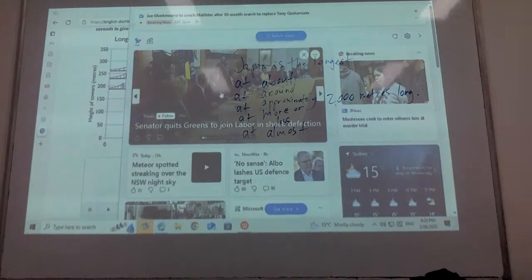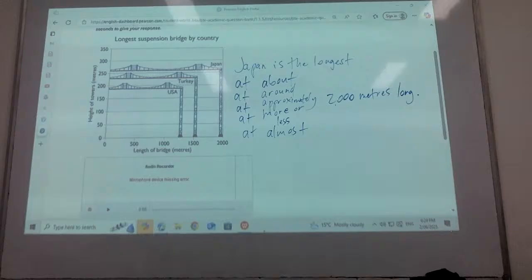But if I'm talking about this and then I'm talking about that, long, short. The Japan bridge is more longer. You can't say the Japan bridge than the Japan bridge. So you would say the nationality.